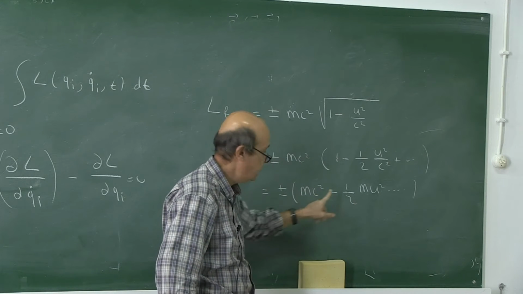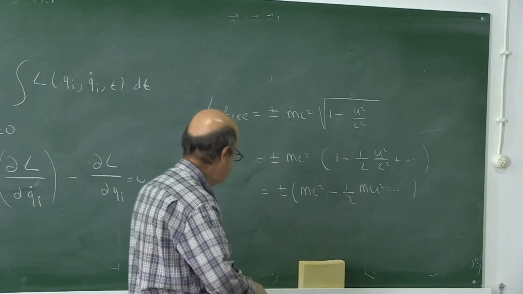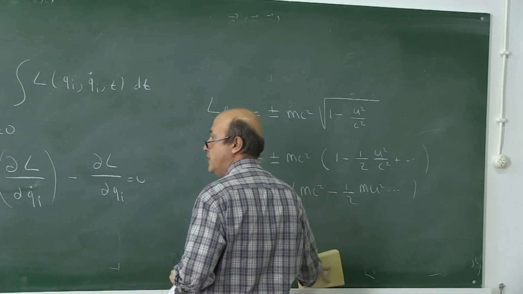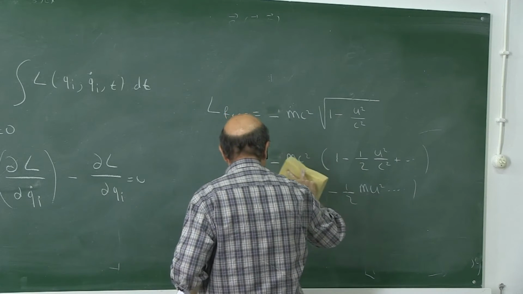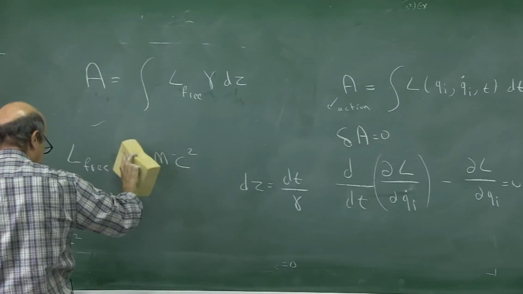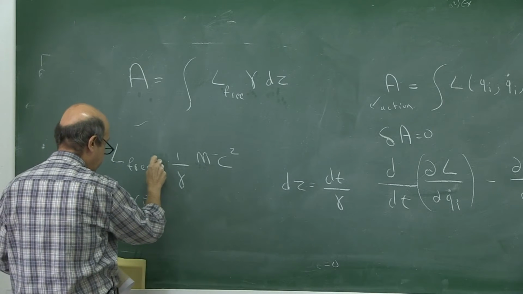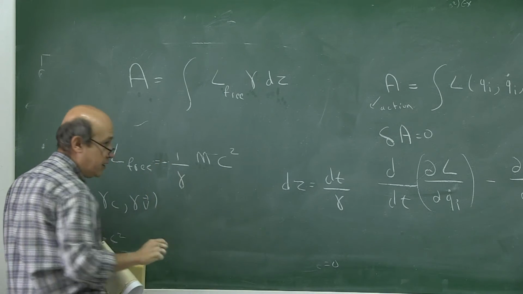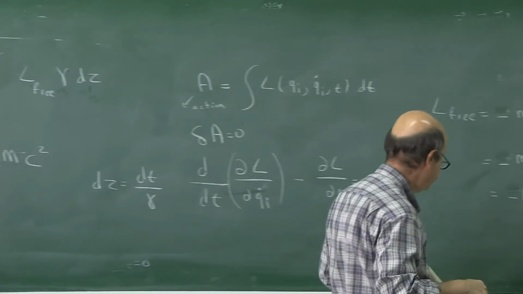If you put minus, that should be positive. So the conventional choice is to choose the Lagrangian with the negative value. That will be the same for the Lagrangian density for the electromagnetic field. So this is the Lagrangian for a free charged particle, no interaction with the electric and magnetic field.